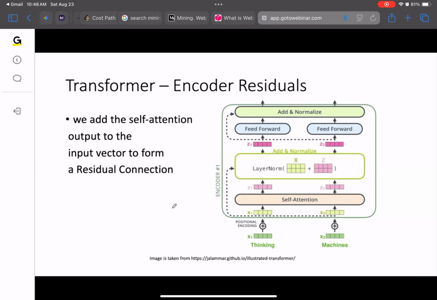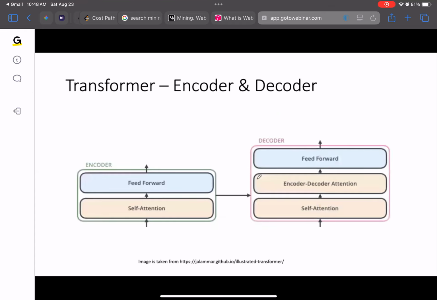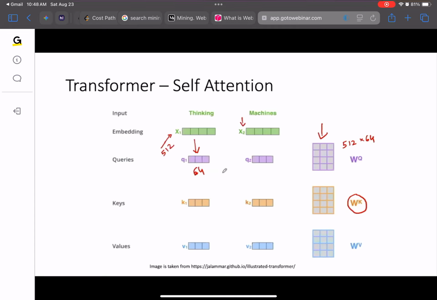Similarly, we also see a residual connection here. Earlier we saw that once the self-attention is done, there is a feed forward network. But we don't pass it directly to the feed forward network.